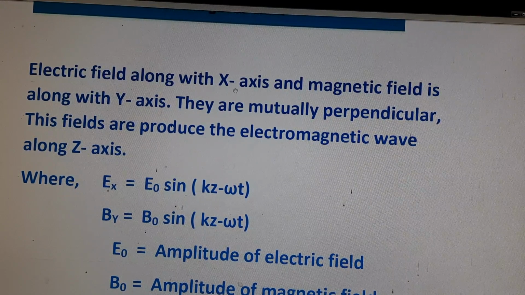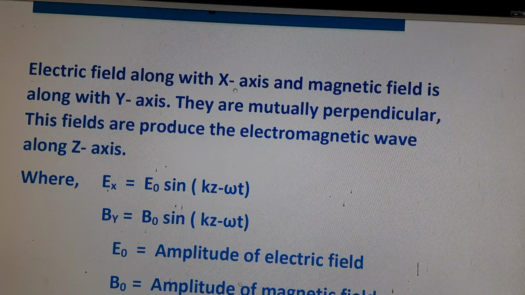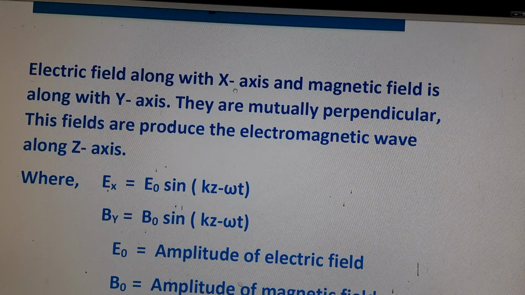The fields produce the electromagnetic wave, which travels along the z axis.